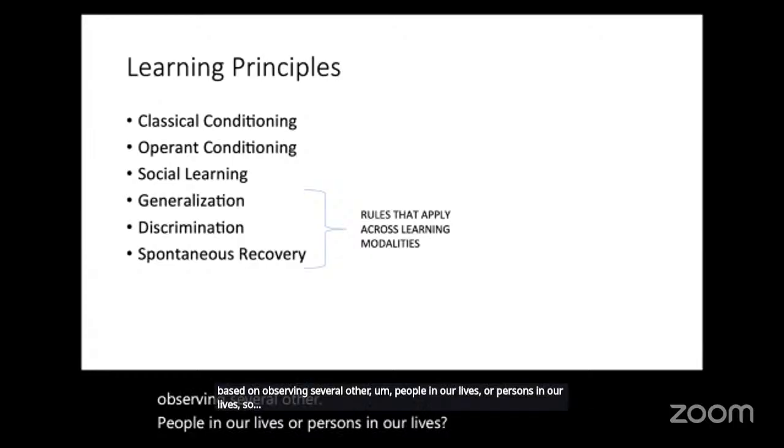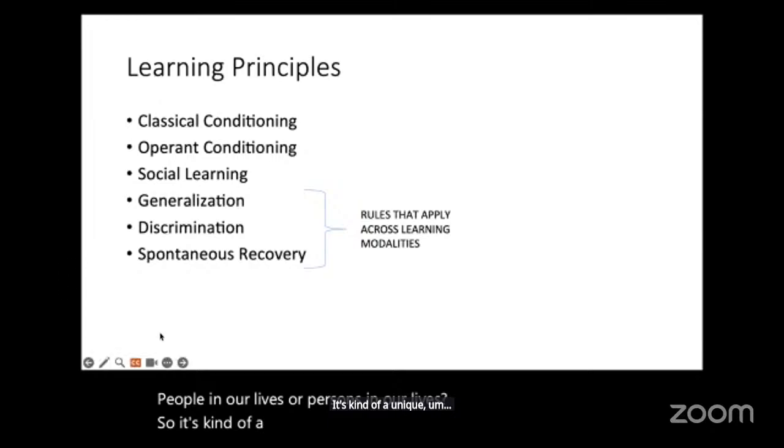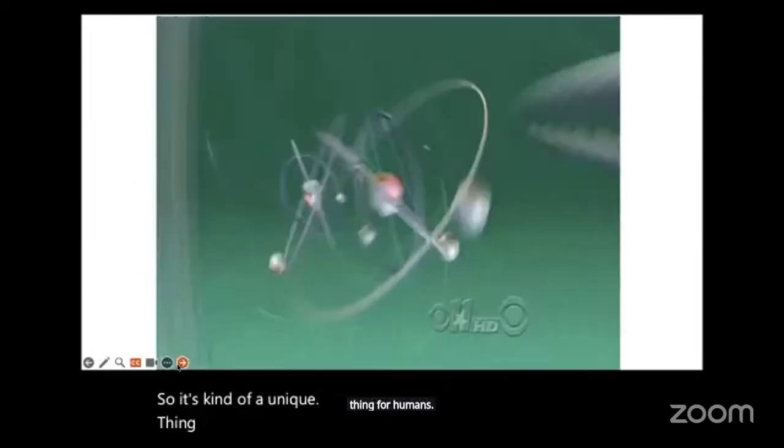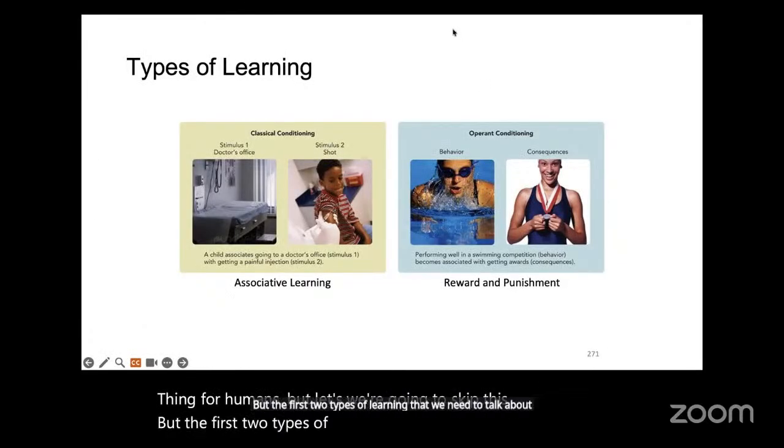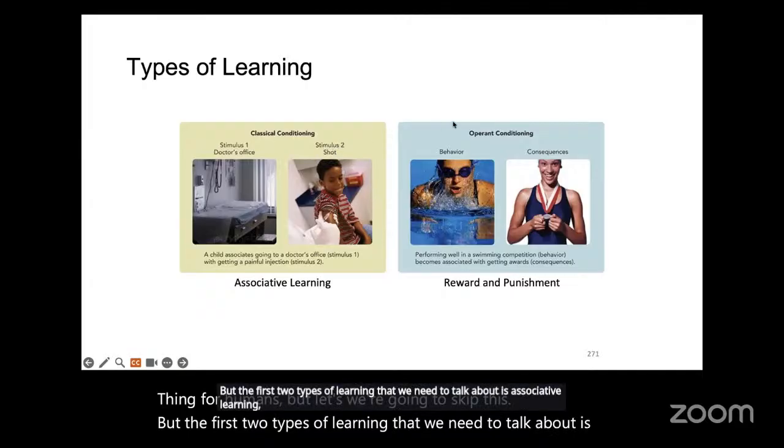So it's kind of a unique thing for humans. But we're going to skip this. The first two types of learning that we need to talk about are associative learning and operant conditioning.